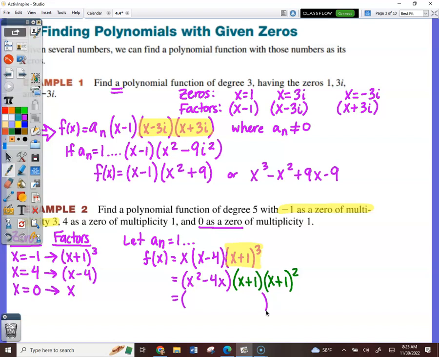So x squared multiplied into x plus 1 would yield what? X cubed plus x squared. Okay. Then go to the second term. Negative 4x multiplied into x plus 1 would give me negative 4x squared minus 4x.